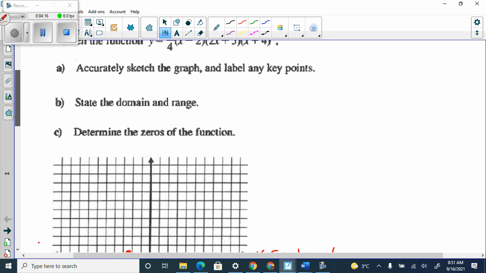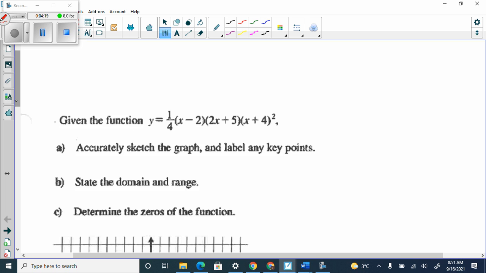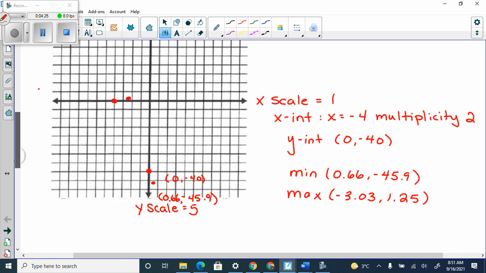And then I have one at negative 5 over 2, which is negative 2.5, and 2. And those you don't have to write the multiplicities. So 4, negative 2.5. That's 1, 2, 3. Oh my gosh. Why didn't you guys correct me? That's not 3. No one corrects me. 2.5. And then 2.